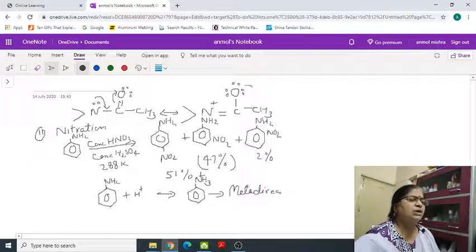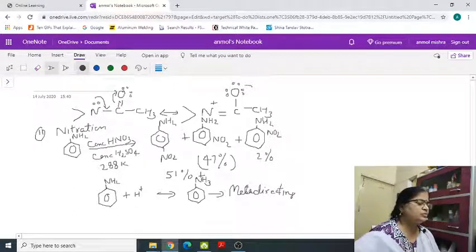This question is also asked many times in boards, why it forms meta isomers. So a larger amount of meta isomer is formed.